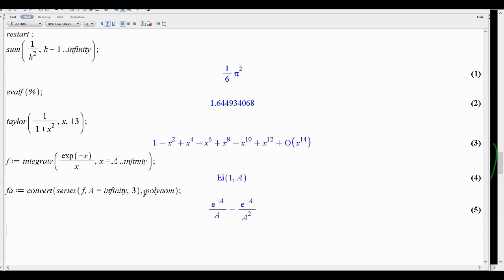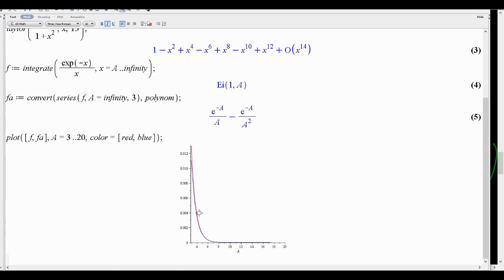And then, for example, if I say plot f and fa, and then I plot a equals 3 to 20, color equals red, blue, then the first one, the red one and the blue one, you see they match quite well.